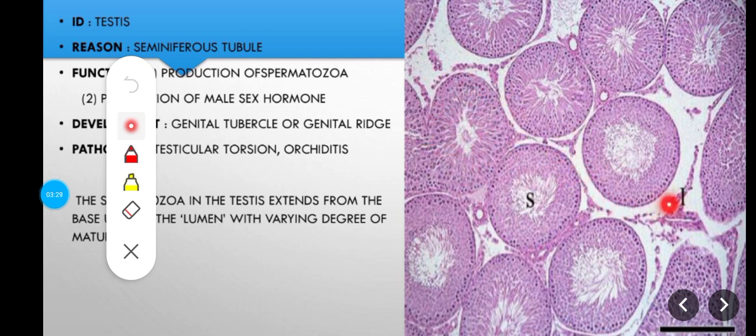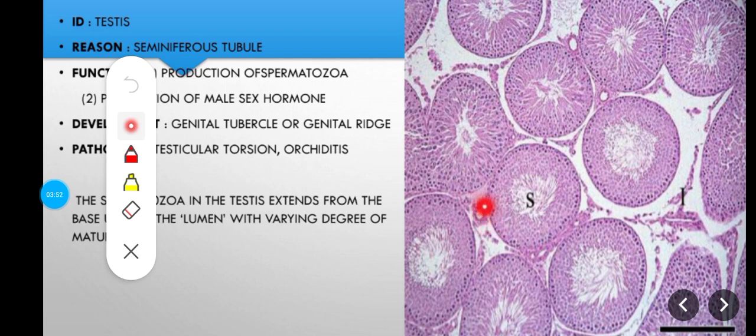Now, in between the seminiferous tubules, you can find connective tissue separating them. There is also the presence of cells called the Leydig cells, which are the interstitial cells. They are found within the connective tissue. You also find the presence of blood vessels.